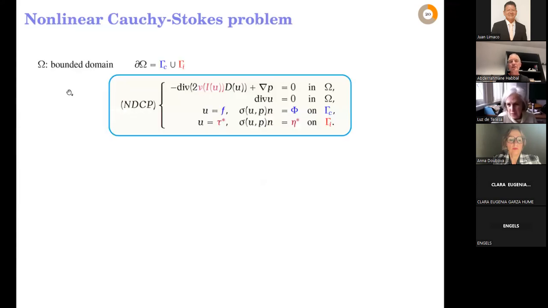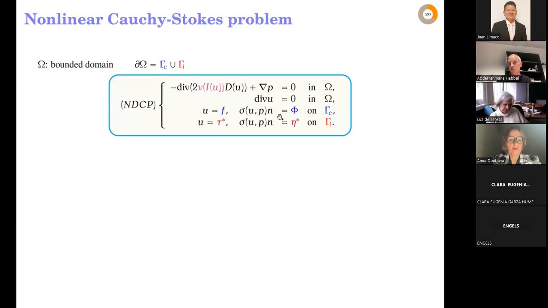So the nonlinear case we are considering is the quasi-Newtonian Stokes flows. Quasi-Newtonian means that the viscosity is strongly nonlinearly dependent on the velocity.